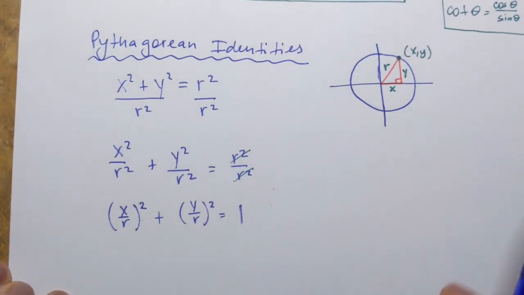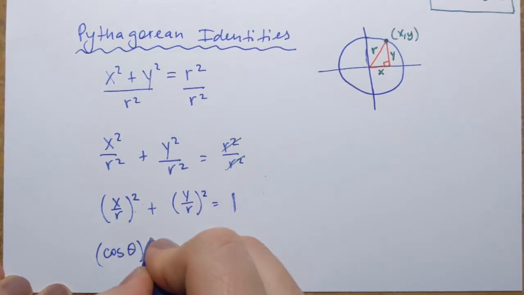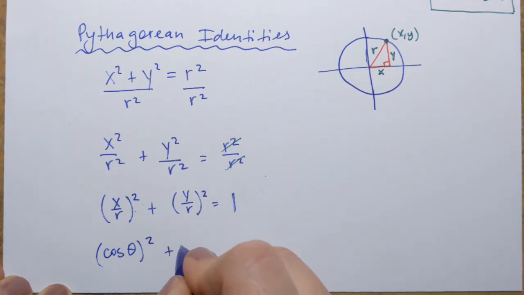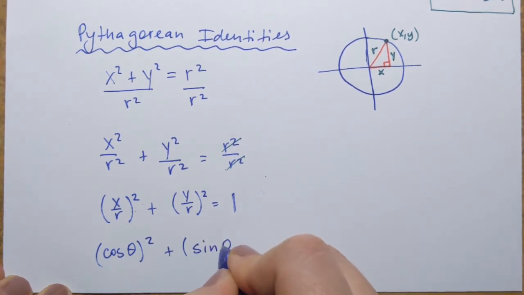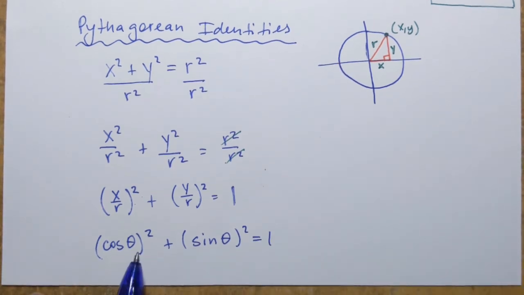So what I'm looking at is cosine of theta squared plus sine of theta squared equals 1. It's actually common, if we're raising a trigonometric function to a power, to put that power not necessarily outside with parentheses as I just showed, but right next to the function name.